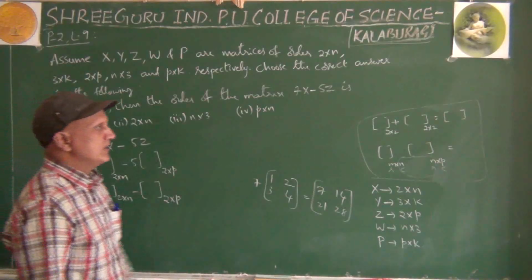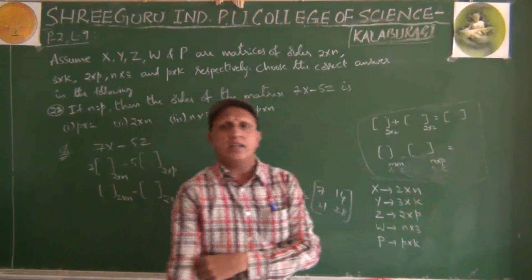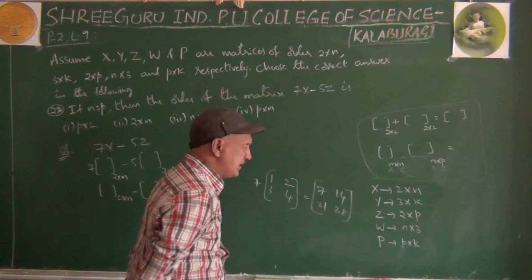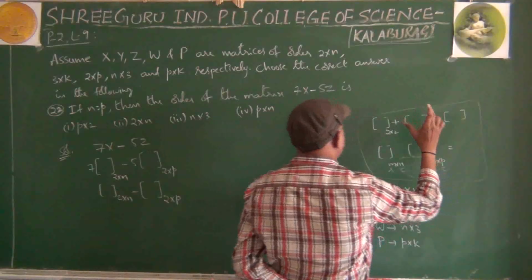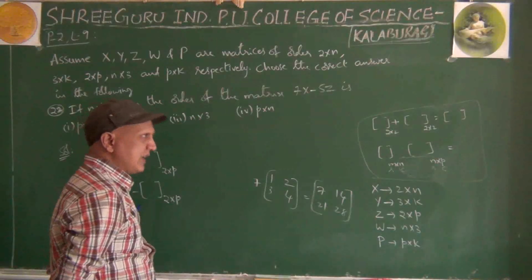Sometime back I told, if you want to add any two matrices or subtract any two matrices, the order for the first matrix and the order for the next matrix, both should be same.